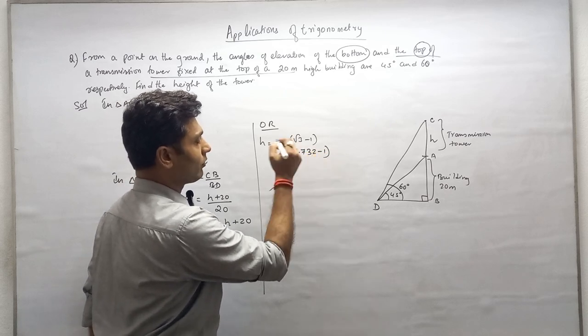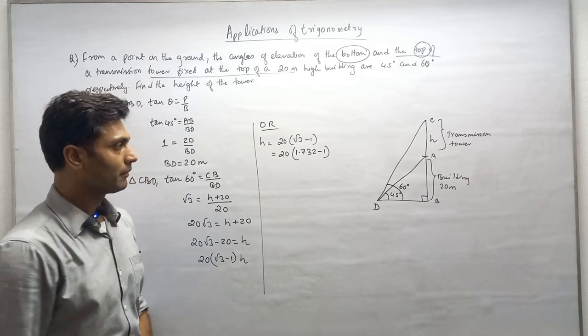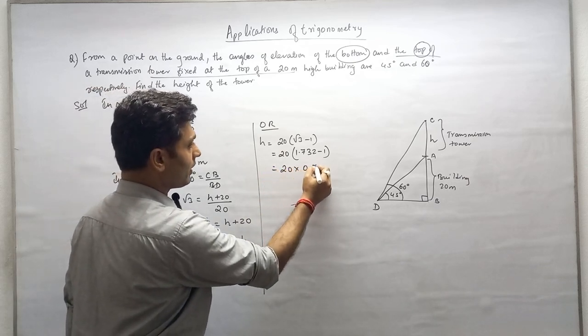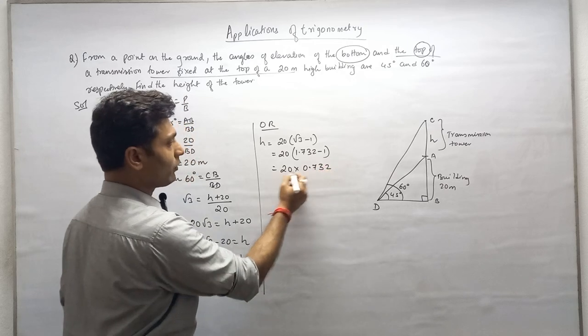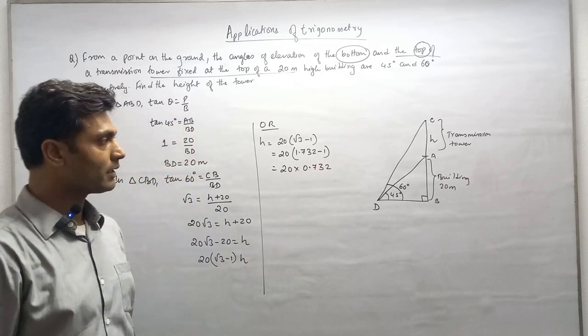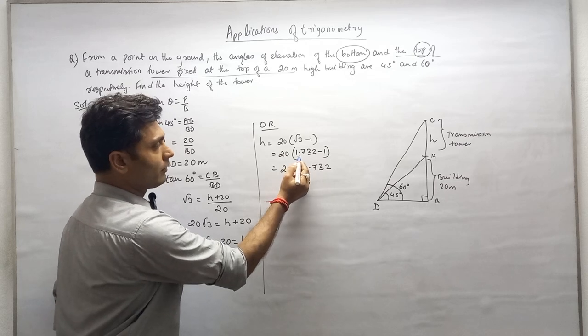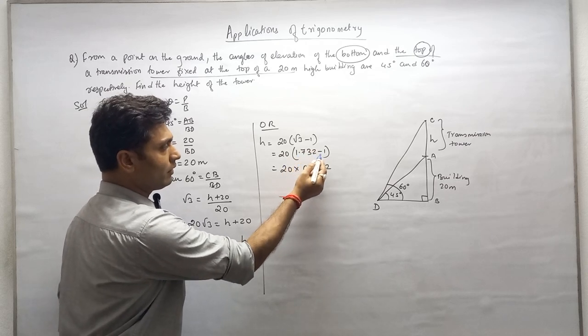So this becomes 20 into 1.732 minus 1. So this is 20 into 0.732, after subtracting 1 from 1.732.